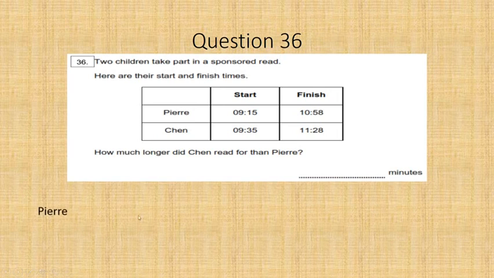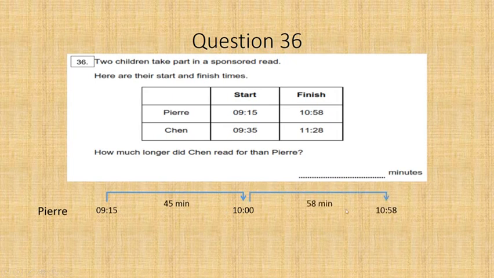Perry started at 9:15 and finished at 10:58. From 9:15 to 10, there are 45 minutes, and from 10 to 10:58, there are 58 minutes. If I add them together, 45 plus 58 is 103 minutes. This is the duration that Perry read. So she read for 103 minutes.